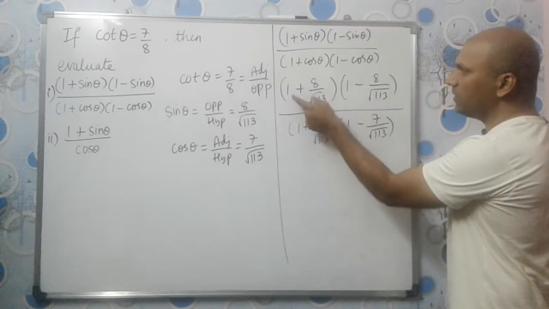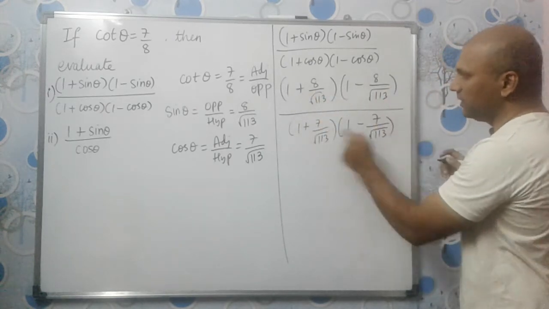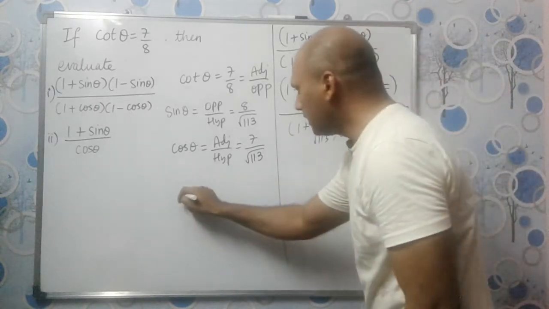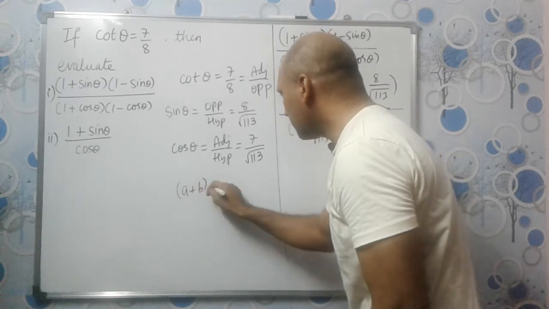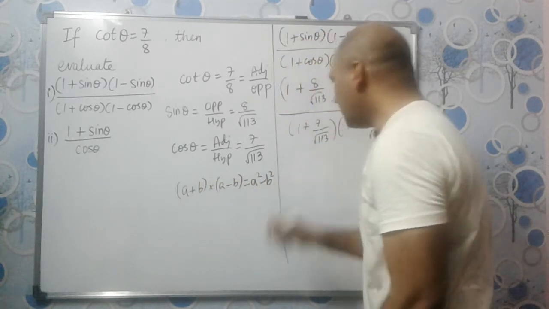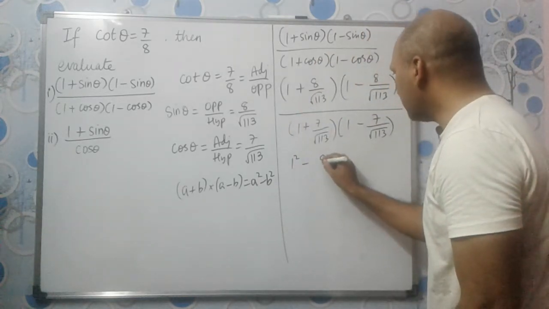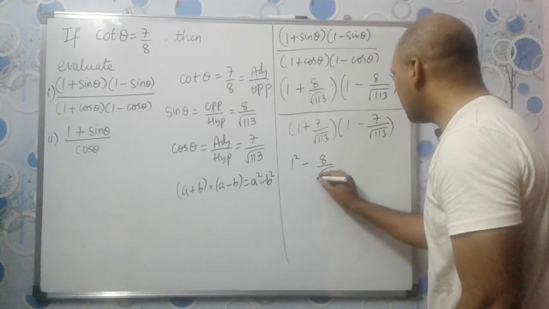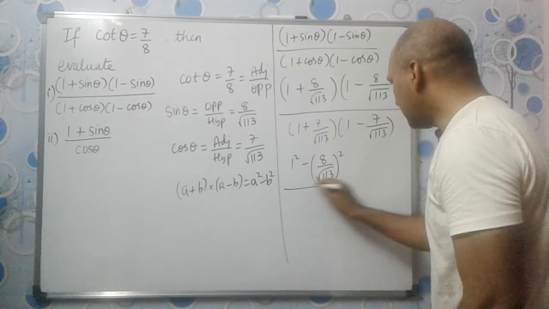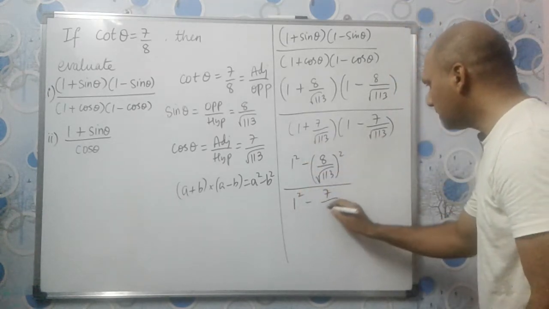This is of the form a plus b, a minus b, right? A plus b multiplied by a minus b. This is also a plus b multiplied by a minus b. So this will be equal to a square minus b square, and this will also be equal to a square minus b square, in the denominator also.